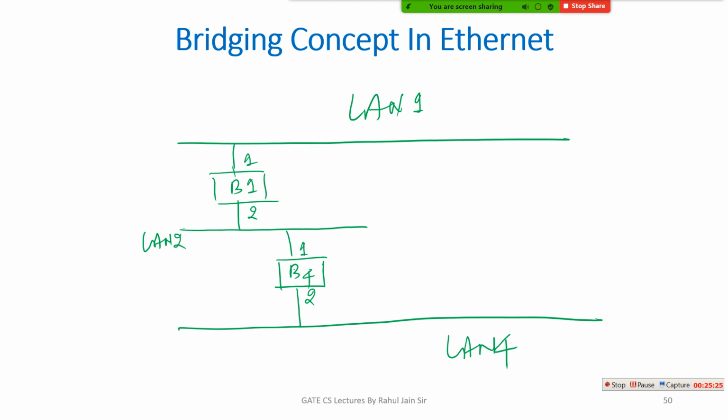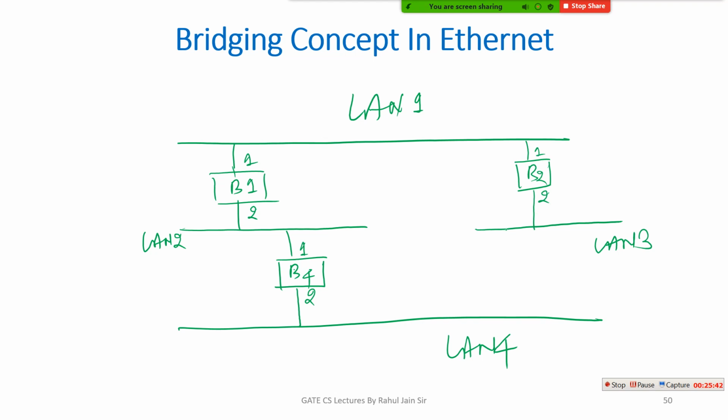Now lane 2 is connecting to lane 3. Lane 1 is connected to lane 3 using bridge 2, with port 1 and port 2.